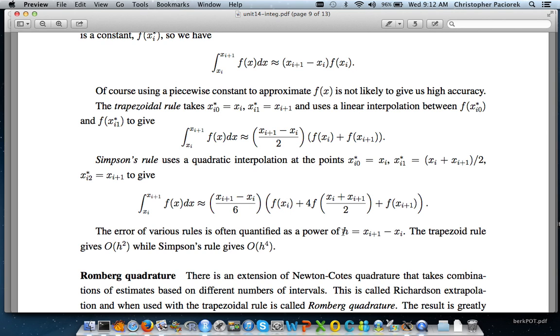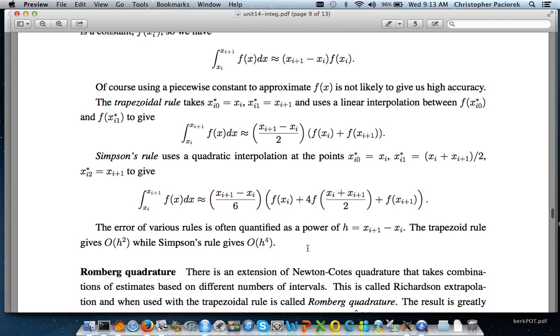But something like the trapezoid rule gives an error of order h squared, and Simpson's rule gives an error of order h to the fourth. So rather better in terms of the amount of error. But as a theme that we've seen other times, we can often get a better answer by doing more calculation, but there's obviously a price to be paid in terms of how long it takes to do the computation.